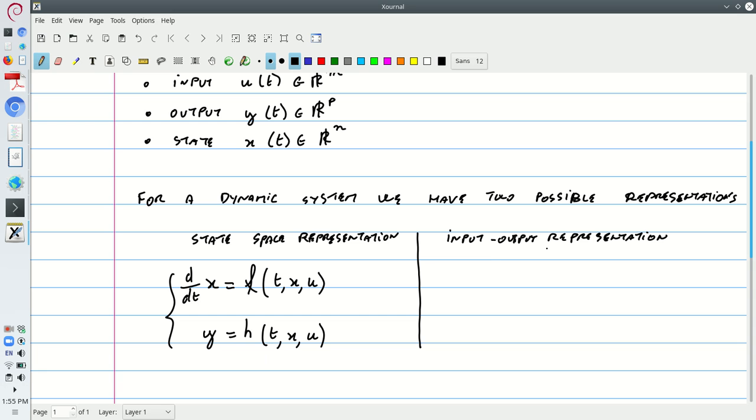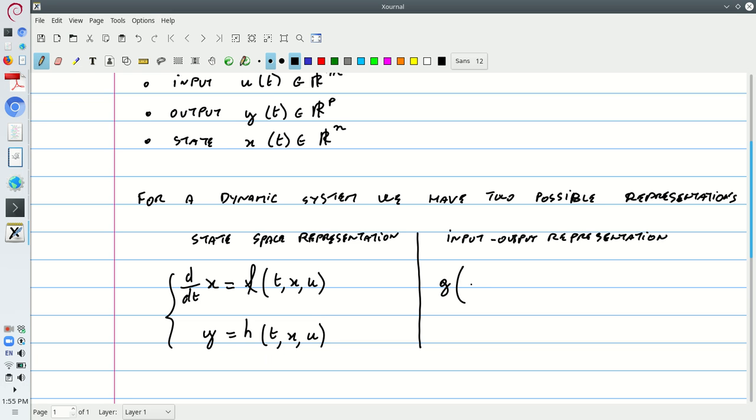Instead, in the input-output representation, this variable x, the state, is not represented. It's a relation that is going to involve just the input and the output y. And this relationship is in this form.